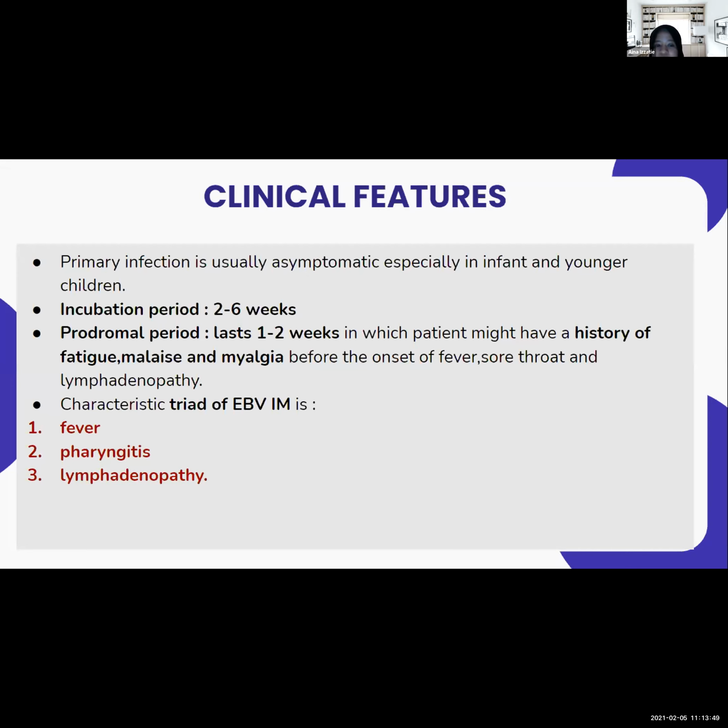The characteristic triad that I've mentioned before is fever, pharyngitis, and lymphadenopathy. If the patient presents with this triad, we need to suspect infectious mononucleosis as one of the differentials.